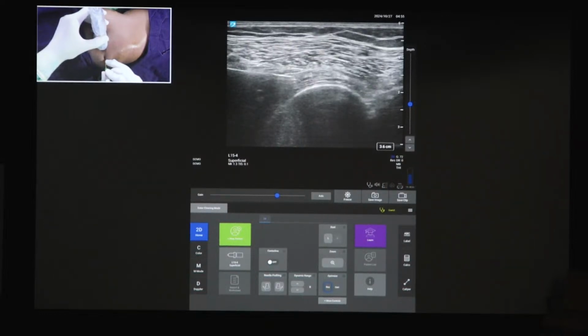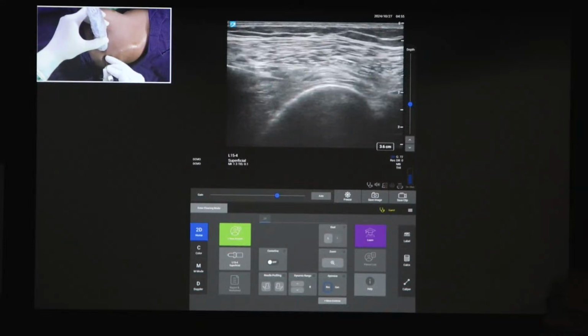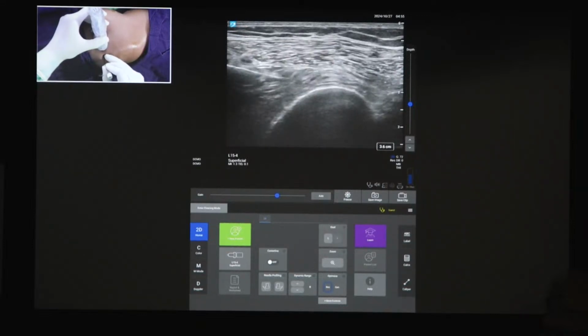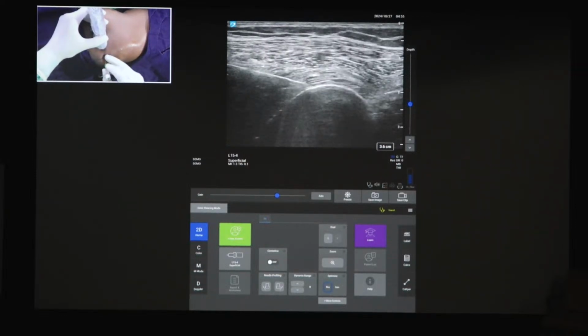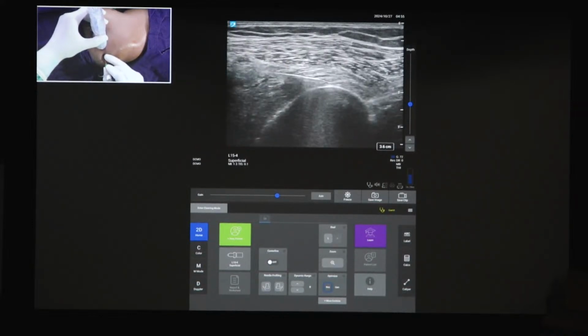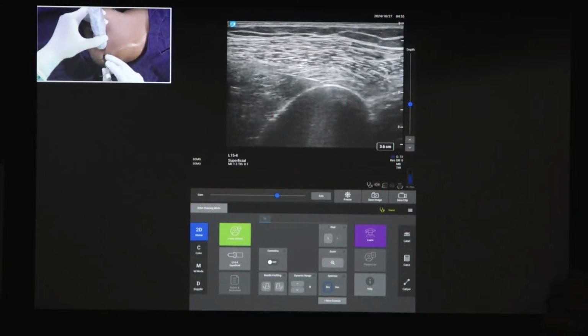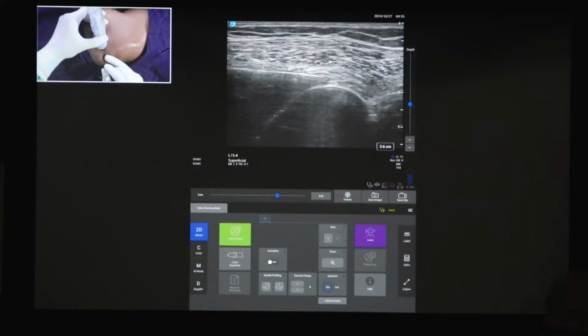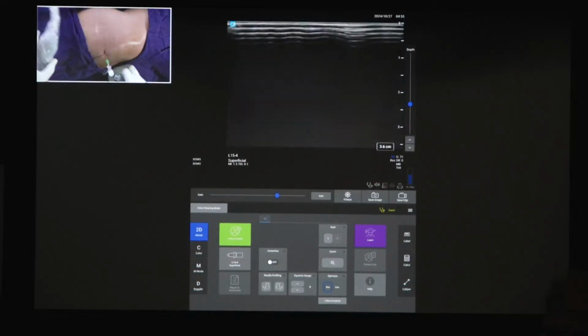Just trying to look at the pulsation, which you can see there. It's very close by, and I'm just going to go to the midpoint of the shaft of the femur. So it's very close to the periosteum, so it can be a little painful. So just caution the patient about it, and you can see the needle exactly at the midpoint of the shaft of the femur there. So I'm just going to give some local anesthesia before we do the lesioning.